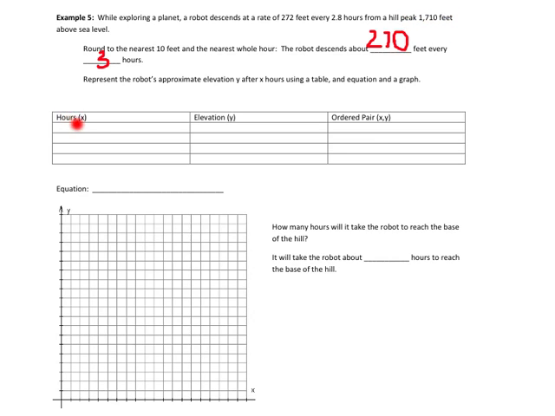So after 0 hours, we are still at 1,710 feet. That's important. Don't forget to plug in 0 for your x to see what the value is. So that's the beginning of our table. Now, we know that after 3 hours, it goes down about 270 feet.